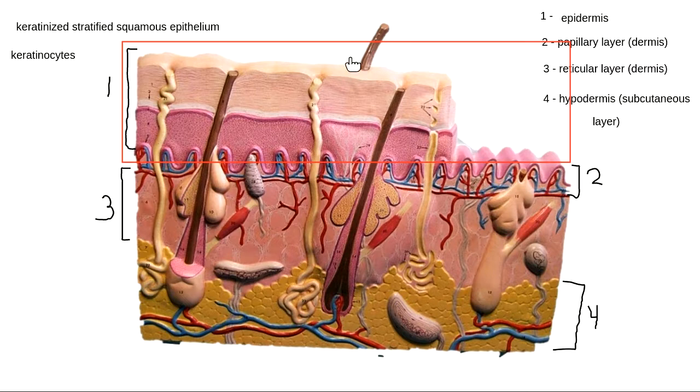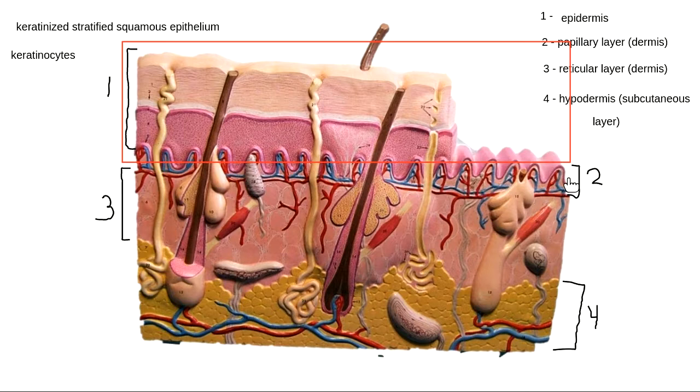In a second-degree burn, how many layers of the skin do we damage? Second-degree burn. Yeah, now we're up to 2, right? So in a second-degree burn, we still damage the epidermis out here, and our damage at least extends into the papillary layer of the dermis. So we're definitely going to damage the papillary layer of the dermis up here.